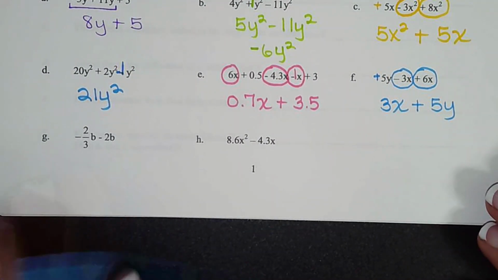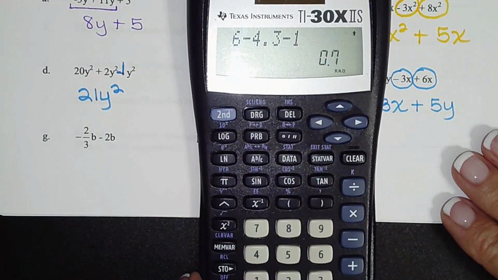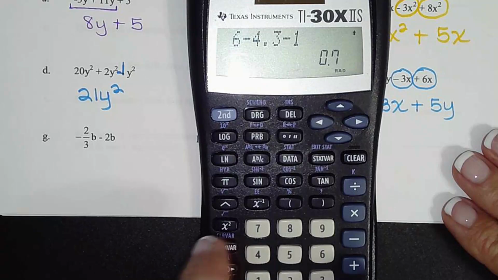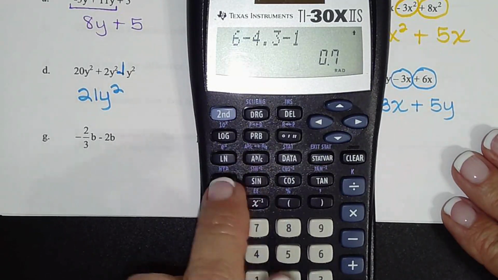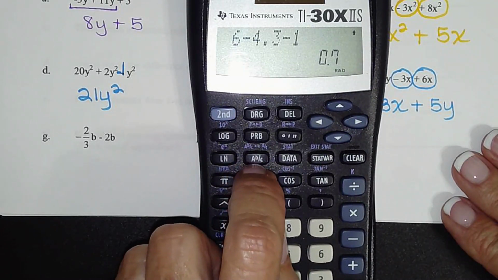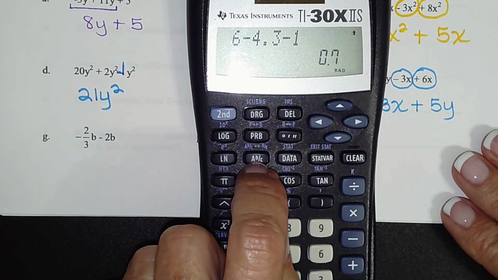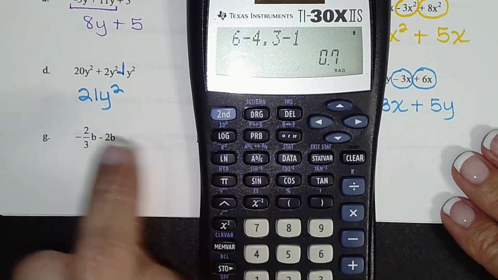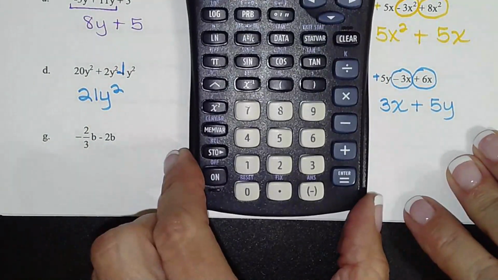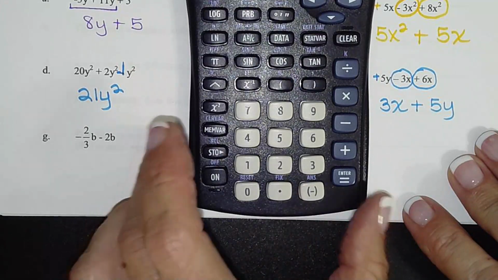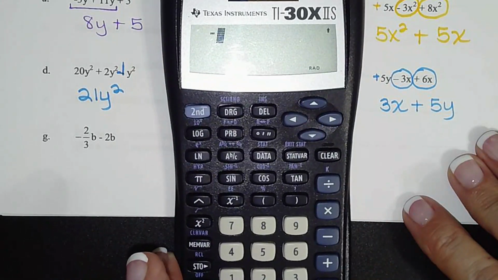So this would be a good one to practice on the calculator. We have a fraction bar on this calculator. It's my favorite thing. Whenever you see a fraction bar, you're going to click this button right here, A B over C. First you do the negative down here, not the subtraction sign. So there's my negative.